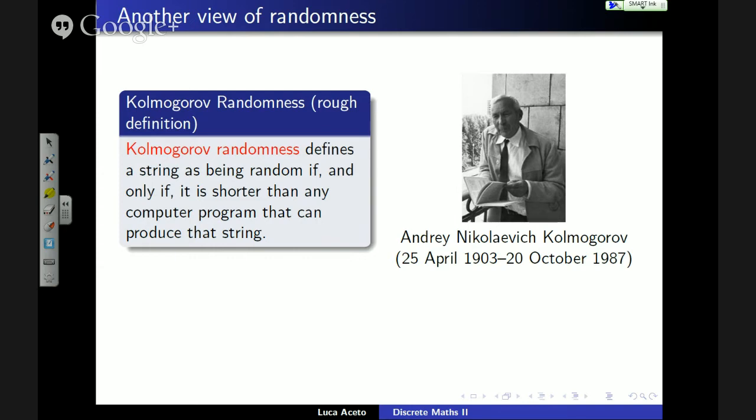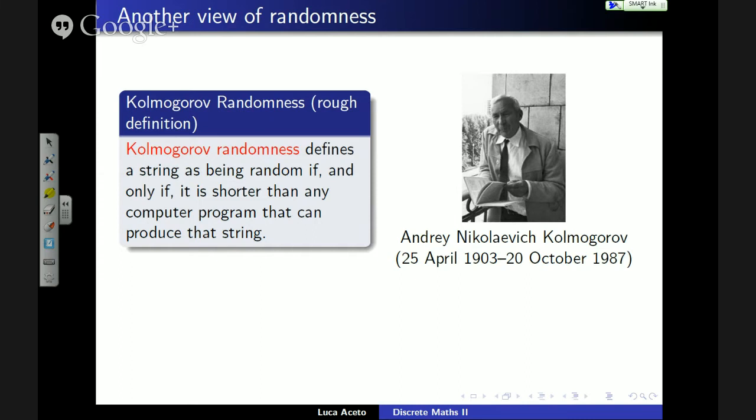Its definition of randomness is based on the length of programs that you need to generate the bit string. Think of the string 1, 1, 1, 1, 1, 1, 1, 1. Well, you need a very short program to generate a string which is of ones arbitrarily long. I mean, say 1 billion ones. The program will just say, for i that goes from 1 to 1 billion, print 1.